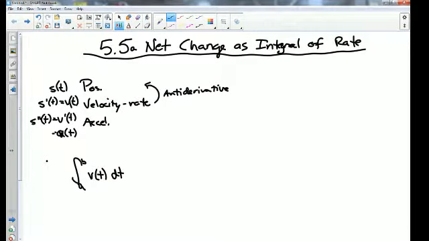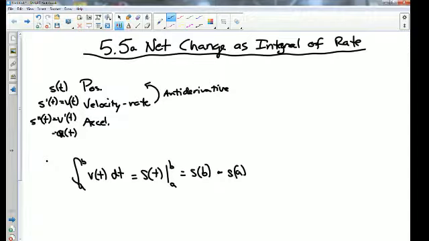In context, what would that equal? S(t) from a to b, which is also S(b) minus S(a). Just evaluate it. That's all this means.